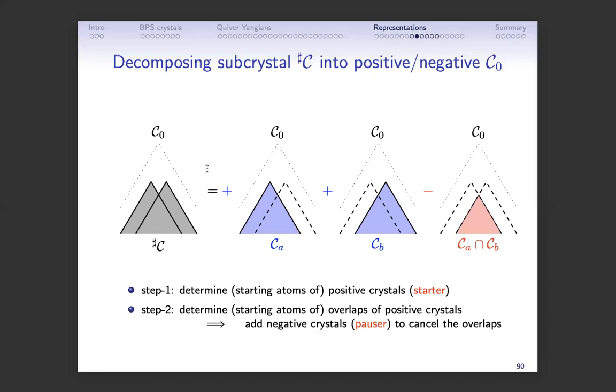To determine this decomposition, there are a few steps. Step one is that there are two tips. This determines the starting point of the positive crystals, which we call starters.